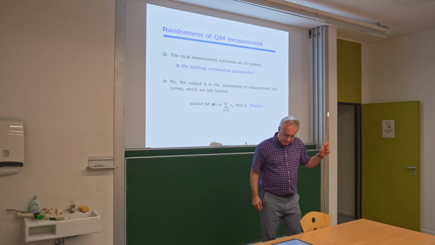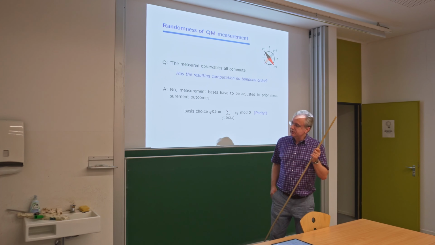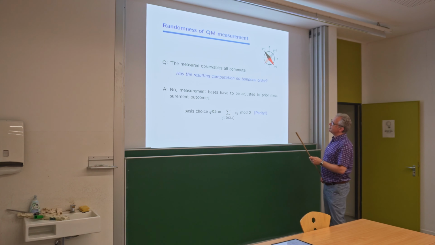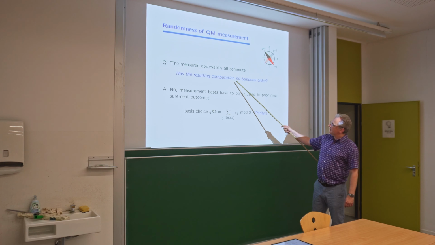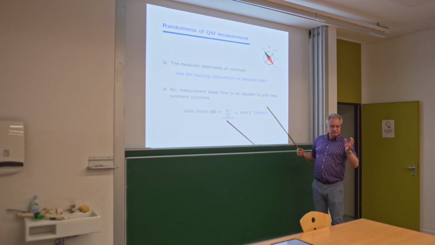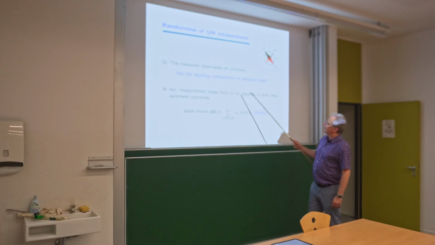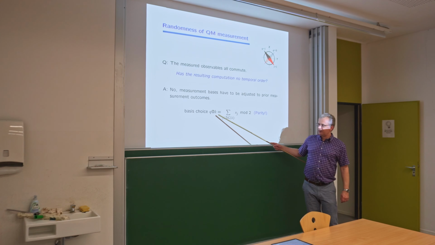Okay, second question. The measured observables all commute. That's true, it's just an observation. And you think, okay, if something commutes, you can measure it all at the same time. And the question then is, does the resulting computation have no temporal order? No, it's not exactly the case here in our setting, because even though the observables we measure commute, the choice of the observables we measure depends on the results of earlier measurements.